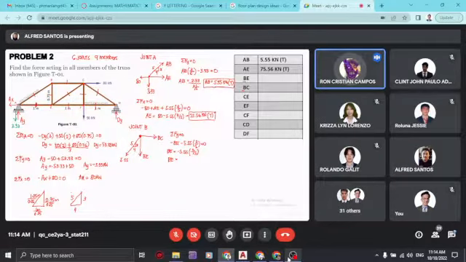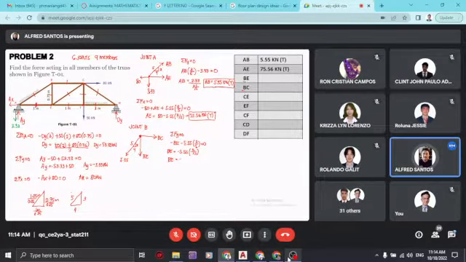Negative 3.33 po. Okay, so it is negative 3.33. So negative meaning compression member. Okay, so that's 3.33 compression.